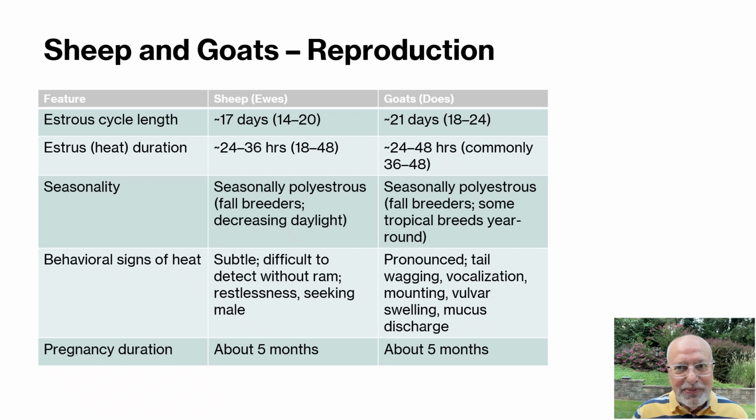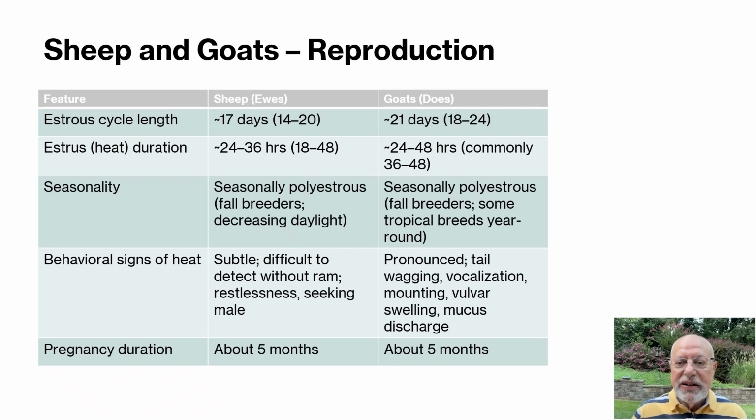Now, as a reproduction specialist, I had to bring some information about reproduction. So here we are, sheep and goats. Their estrus cycle, or reproduction cycle, is a little shorter in sheep, about 17 days on average, whereas the goat is about 21 days.